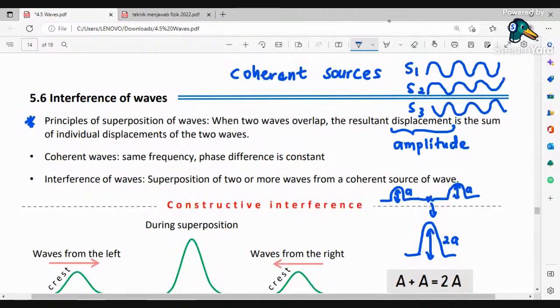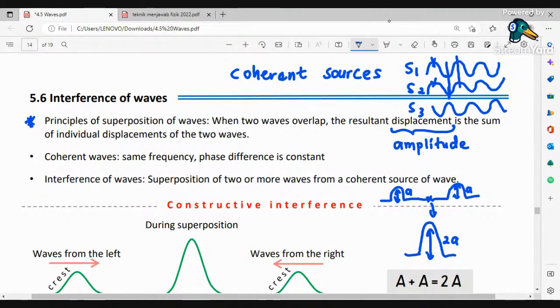Okay, for S1 and S2, when you check displacement of the wave at any time, let's say this point, T1 for example, both have the same displacement and both are crest. When you check at this point, both are trough, same displacement also.